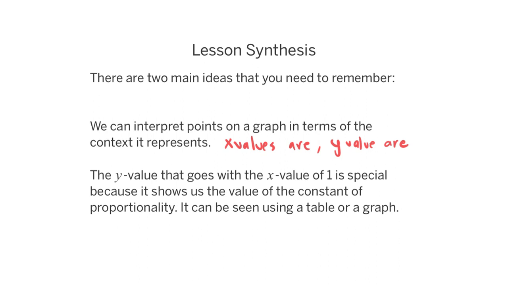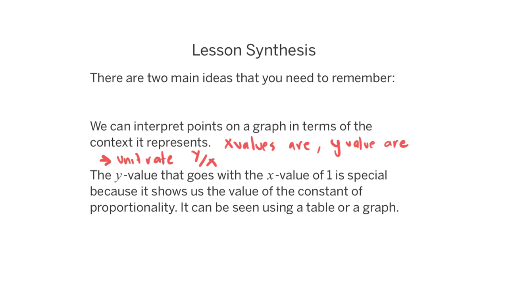And we do that by finding the unit rate, which we can do by dividing the y by the x, and that gives us our point at 1. So it's kind of neat. That's the first thing, interpreting points on the graph in terms of what the context is.